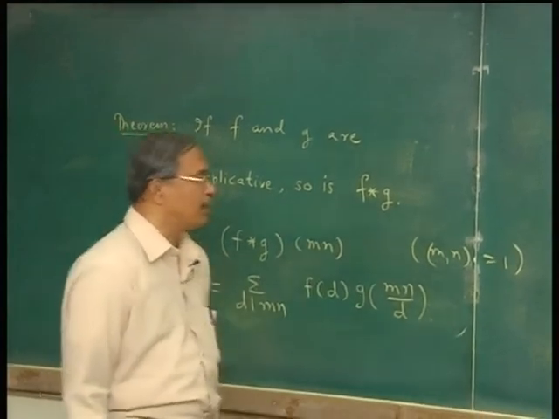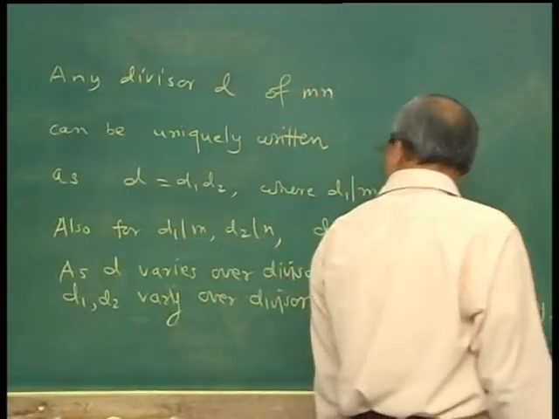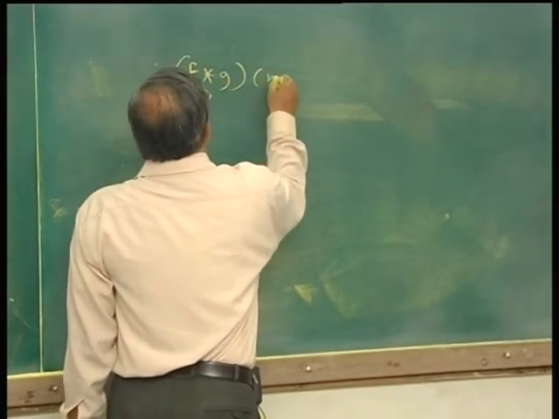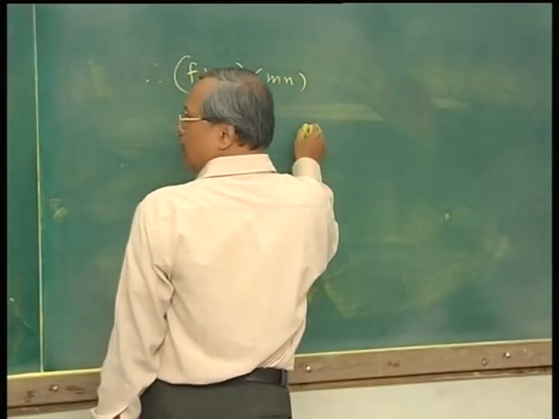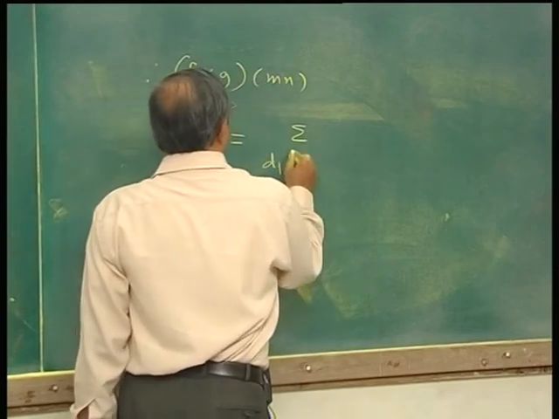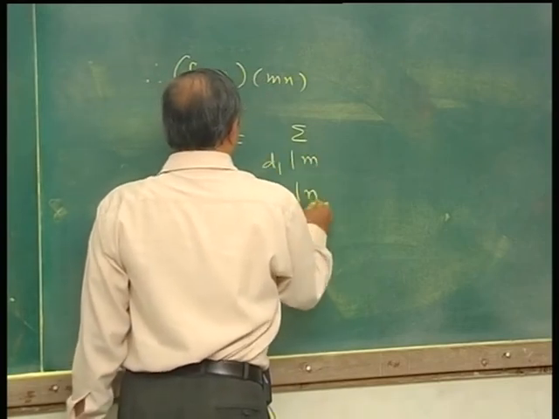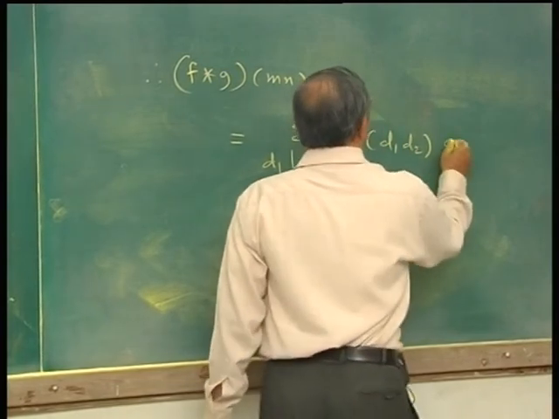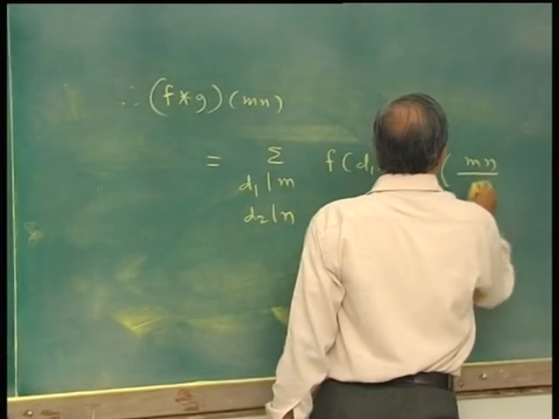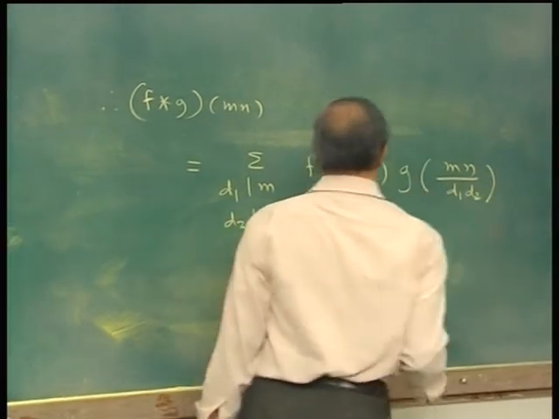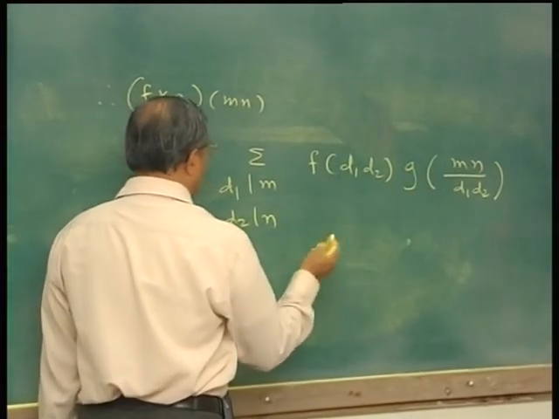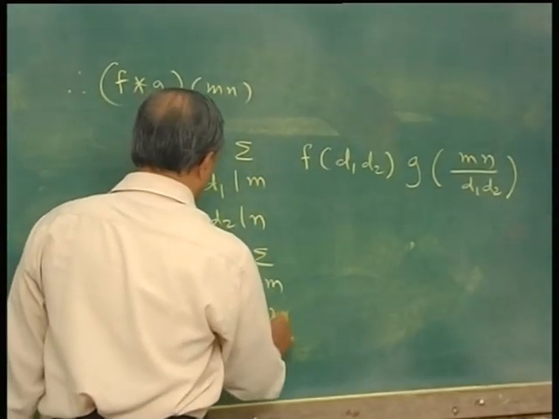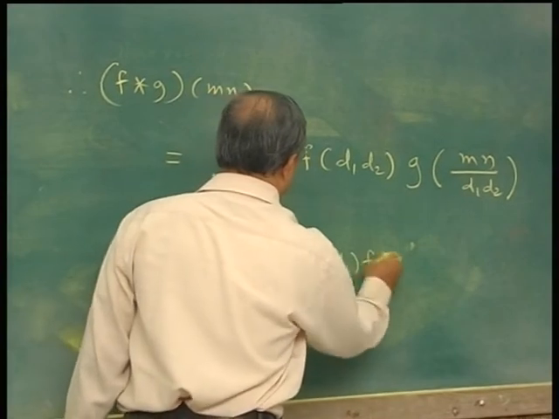And so f star g of mn we can write as summation d1 divides m, d2 divides n, f of d1 d2 g of mn by d1 d2, which can be written as, because f is multiplicative and g is multiplicative, summation d1 divides m, d2 divides n, f of d1, f of d2.